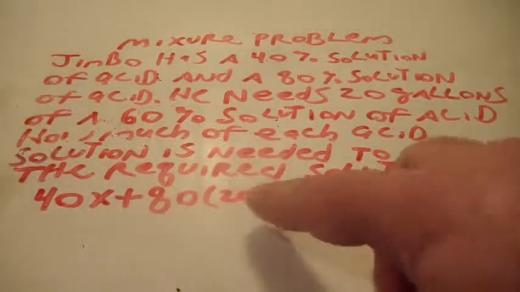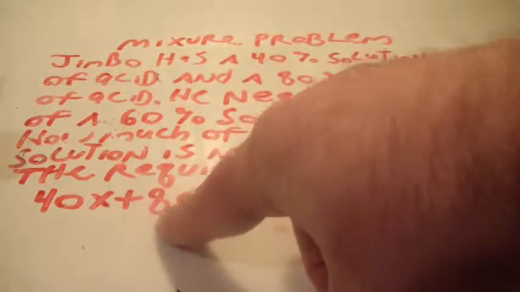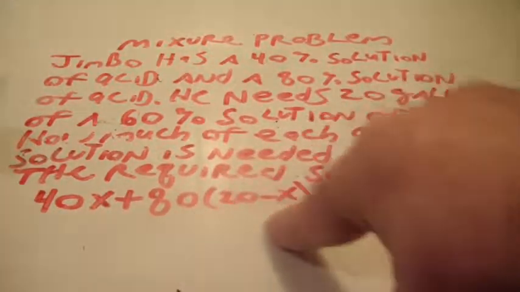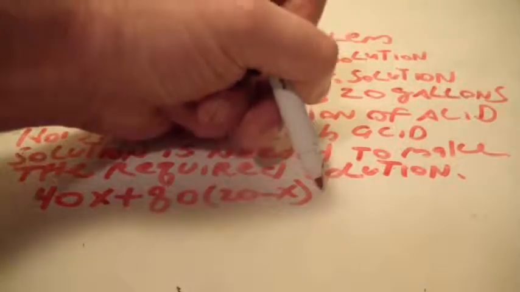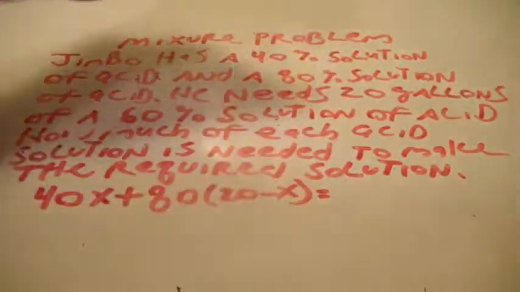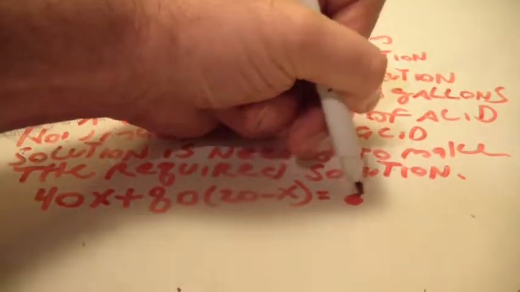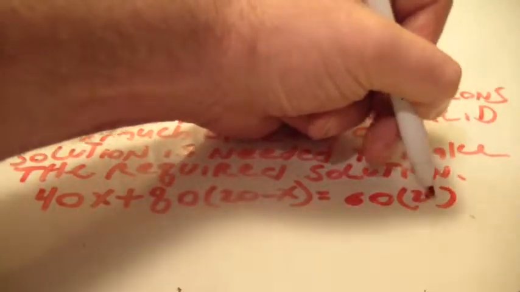Because 20 is how much we need minus this x, which will tell us how much of the 80% acid we're going to need. And that's going to equal 60% times the amount we want.